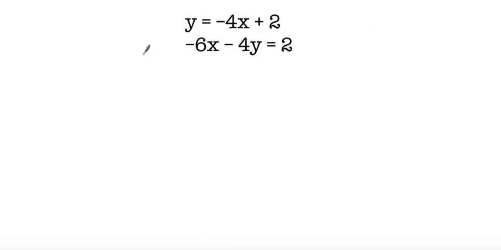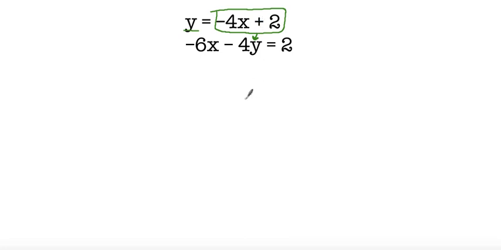So our first example, our first equation is in slope-intercept form and we have standard form. Whenever we're given an equation already in slope-intercept form, I usually like taking this equation because it's equal to y and substituting this in wherever we see a y.